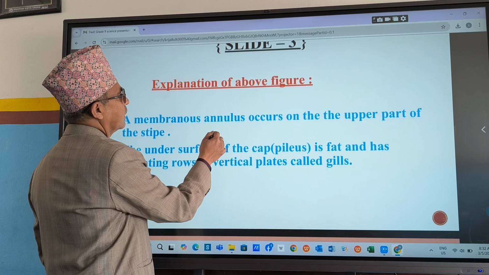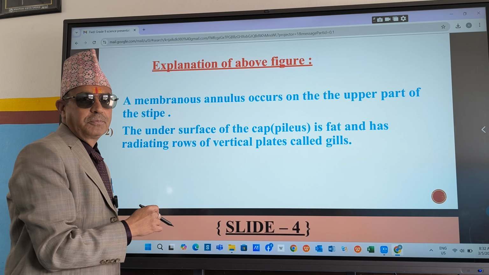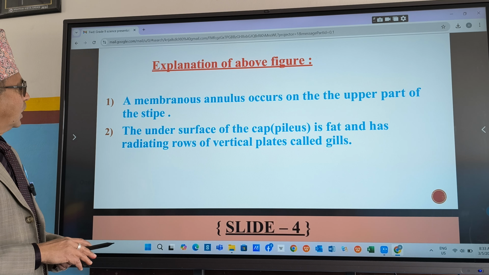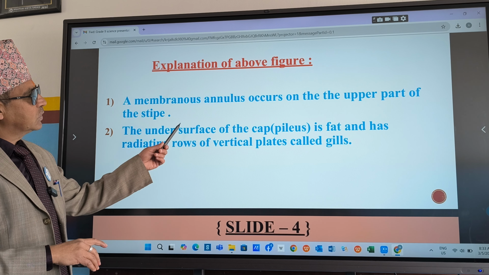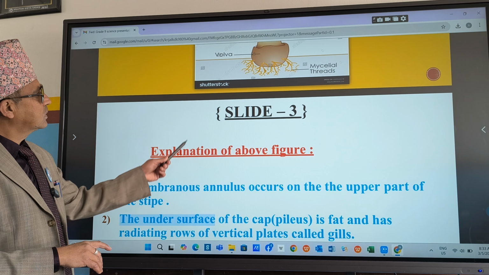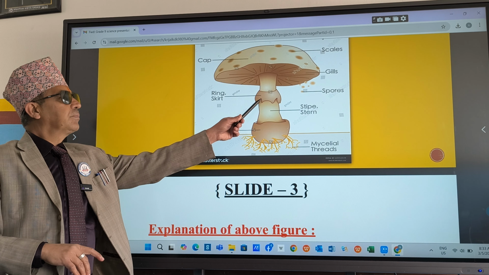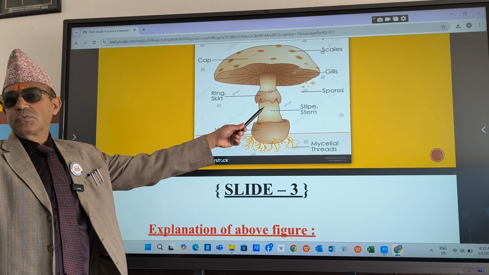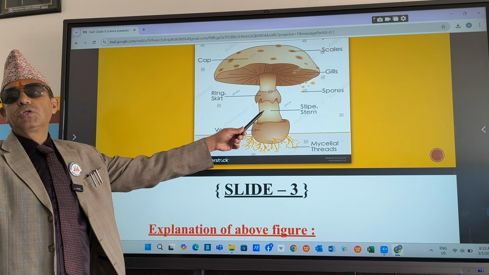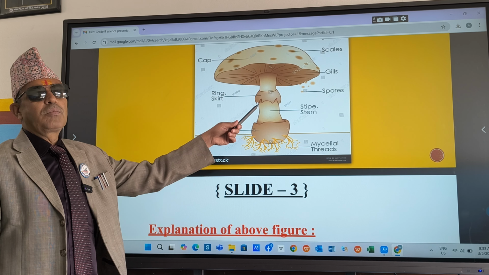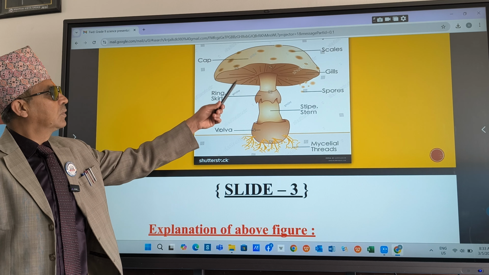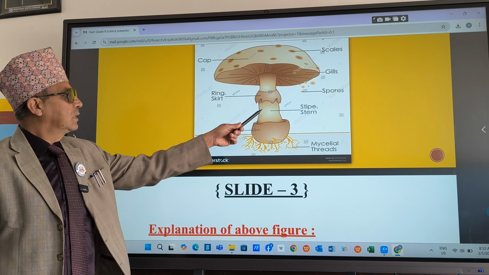Slide 3. Explanation about the figure. A membranous annulus occurs on the upper part of the stipe. You can see here, annulus. When the mushroom is in the young stage, it covers the whole mushroom. When the pileus goes up, then it remains there only.